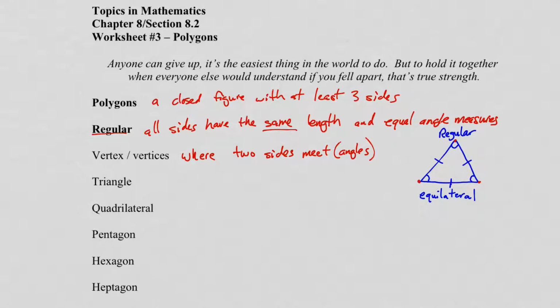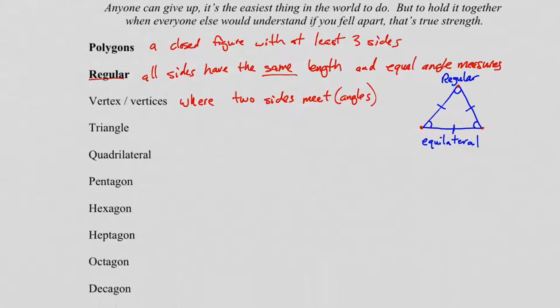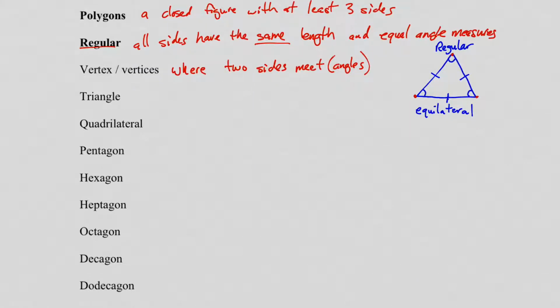Okay, so now a polygon with 3 sides has a specific name. We already know that is a triangle. It comes from the word tri. Quad suggests 4 sides. Penta suggests 5 sides. Hexa, 6 sides.